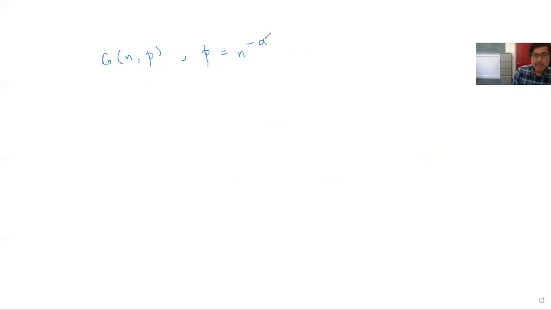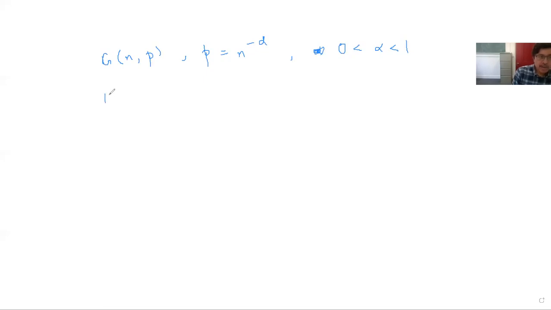And we are going to be interested in the case alpha is smaller than 1. Alpha is always bigger than 0, so alpha is between 0 and 1. If alpha is bigger than 1, we showed the probability of having any triangles tends to 0 using Markov's inequality. So we've dealt with the case alpha bigger than 1 using Markov, and we are now looking at the case alpha smaller than 1.